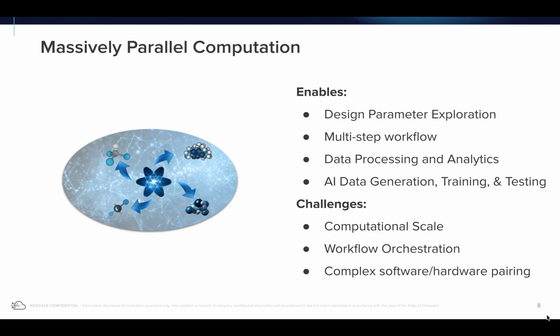Now, what are some of the challenges? Well, first, computational scale. It might have been easy for me to remove that vertical axis on the PowerPoint chart, but in reality, amassing hundreds of thousands of CPUs and GPUs requires an infrastructure and an orchestration engine that is not straightforward to implement.